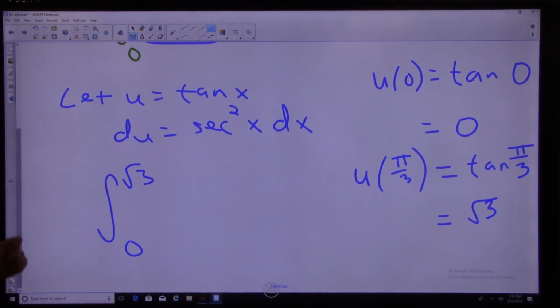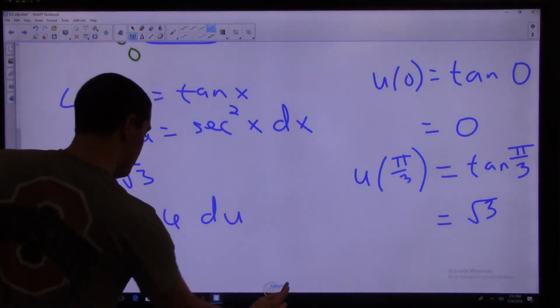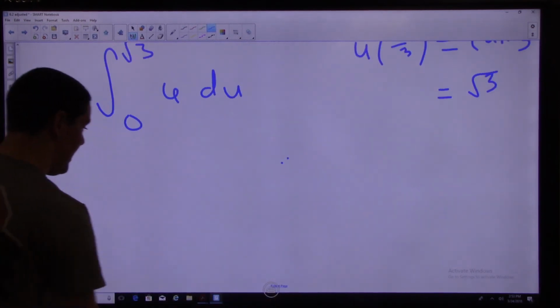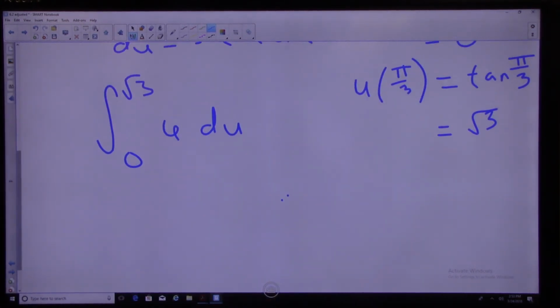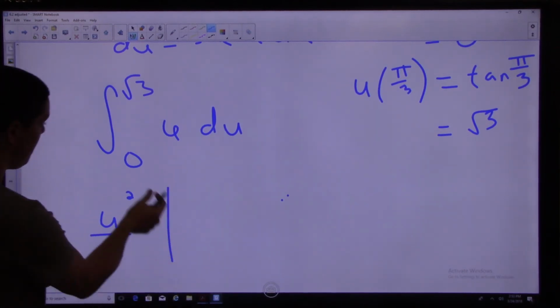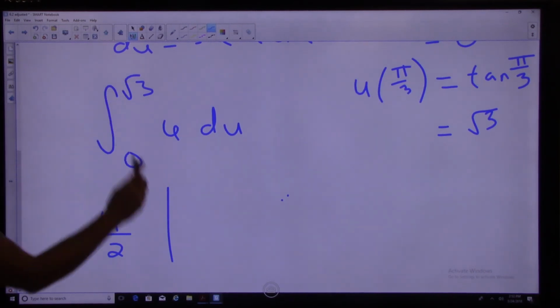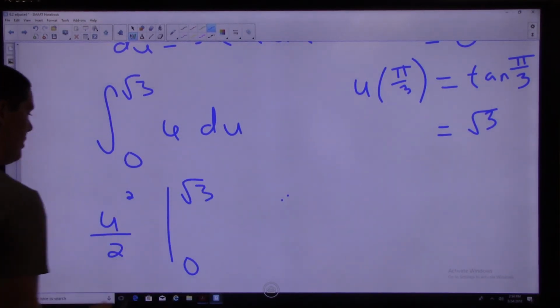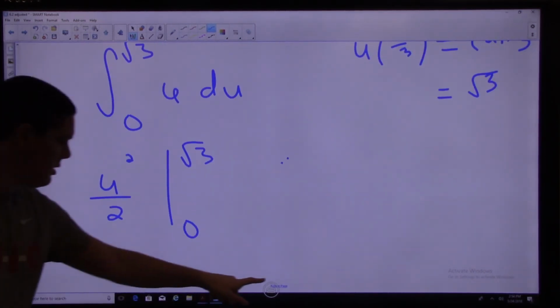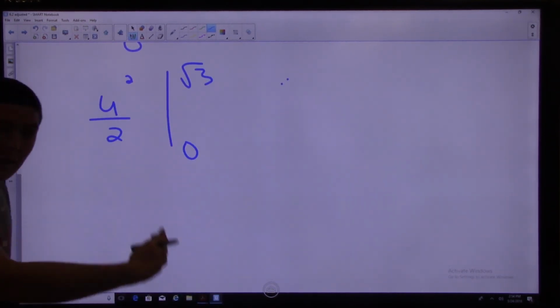It's my new integral. That's a u interval. All right, so this is going to be u du still. It'll still be the same type of concept. We've got to take the antiderivative of it, don't we? So the antiderivative is still the same. It's u squared over 2. Instead of evaluated from x equals 0 to x equals pi over 3, now it's going to be evaluated from 0 to square root of 3. So we still use the fundamental theorem of calculus part 2.